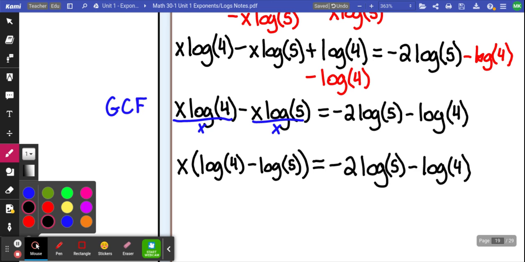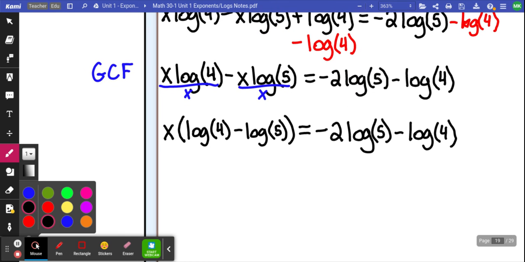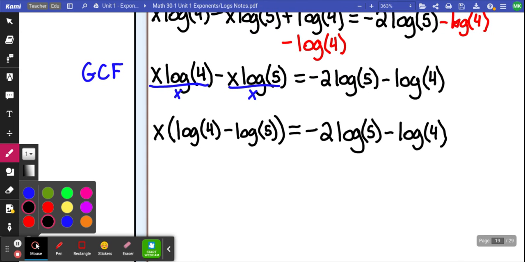Now, I could get the x by itself. Because now, I could divide this entire binomial to the other side, leaving the x alone. Which is exactly what you wanted with a linear equation, was to get that x by itself. So we're going to divide our binomial, log 4 minus log 5.